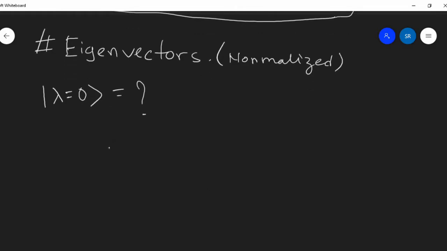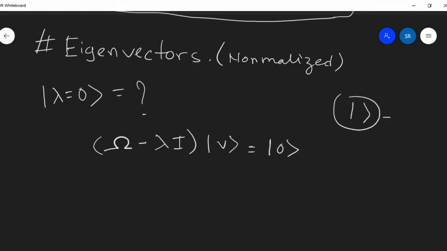So we have our usual eigenvector equation, and this is 0, and this is a ket. Never forget this.